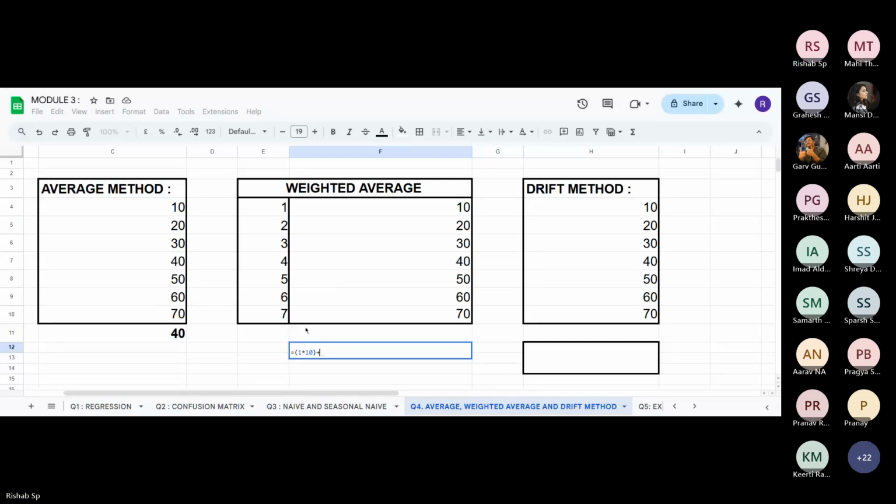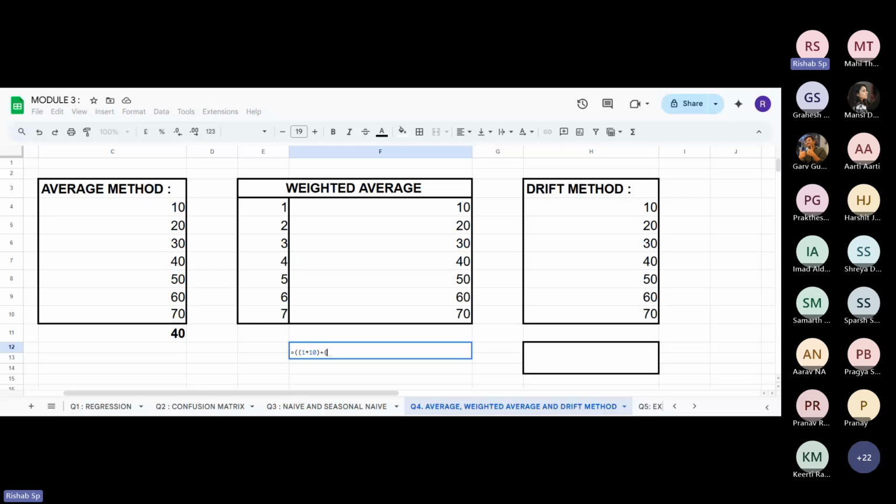plus, the equation is weight 1 into value 1 plus weight 2 into value 2. Like that, we multiply and sum up the whole value. Then we'll divide it by the sum of weights.